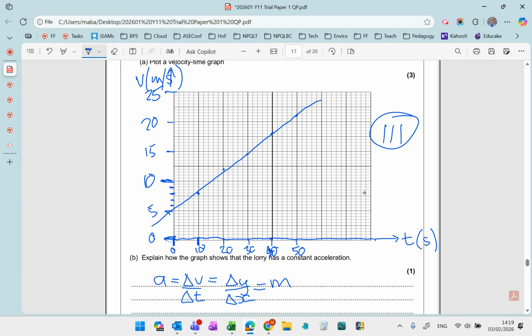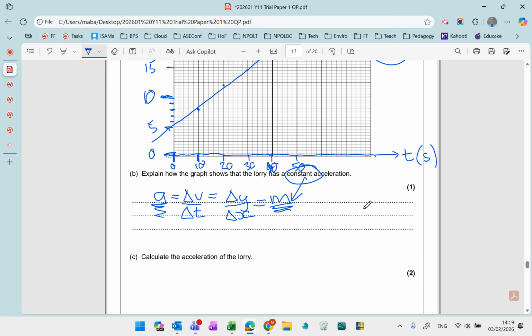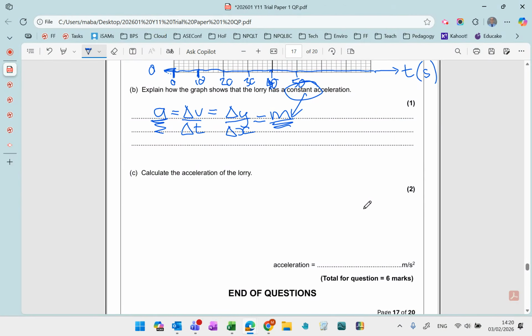That is the gradient. So the gradient of this graph is the acceleration. So if it's got a constant acceleration, that must mean that it's got a constant gradient. Is that true? Yeah, it's a straight line. It's got a constant gradient. So how can you tell? It's because the gradient of the graph is constant.